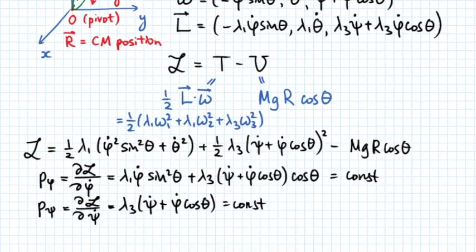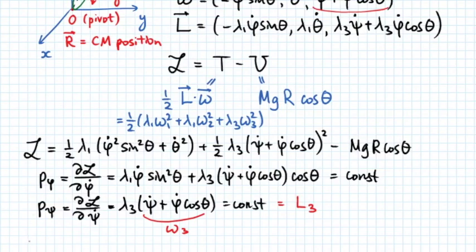Furthermore, we can identify component p psi as lambda 3 times omega 3. We can see this from the expression above, which is nothing other than angular momentum component number 3, which should be a constant of motion.